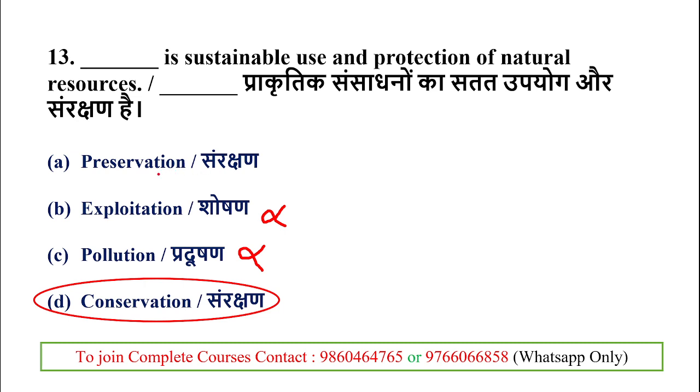Because we cannot preserve natural resources. Preservation means to protect with artificially used materials. But we can conserve them with natural procedures, by constructing dams and by using solar energy in an effective way. So that is the conserved way. Clear? So that is sustainable use and also the protection of natural resources.